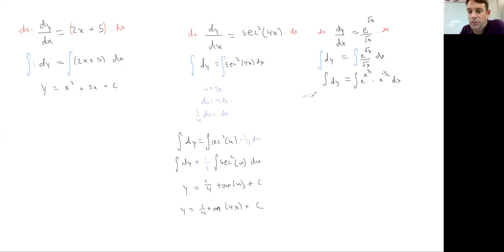So u is x to the 1/2. du is 1/2 x to the negative 1/2. Well, there's my negative 1/2 right there. And I'm going to move my 2 to the other side. So 2 du equals x to the negative 1/2 dx.